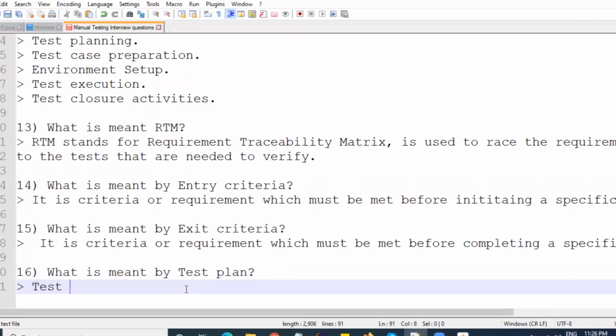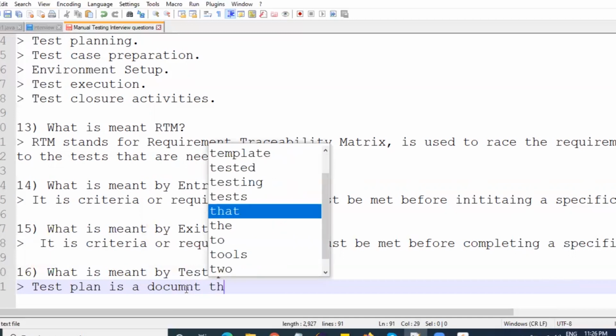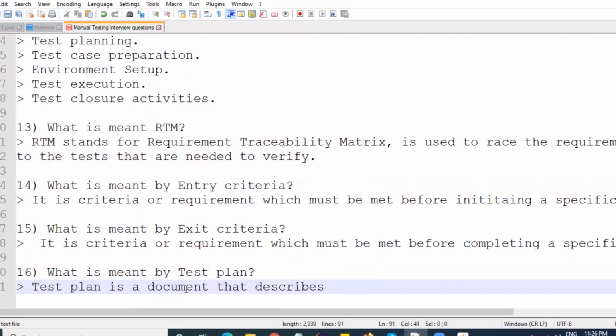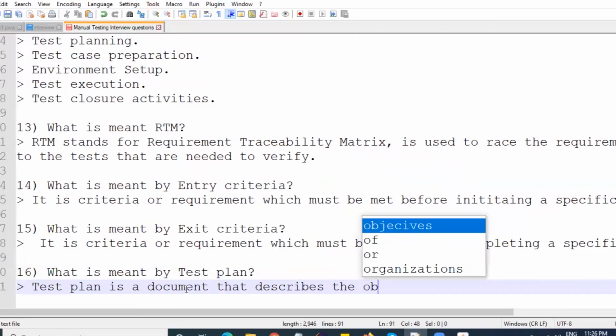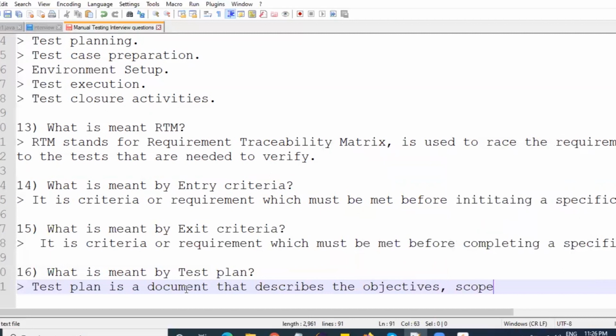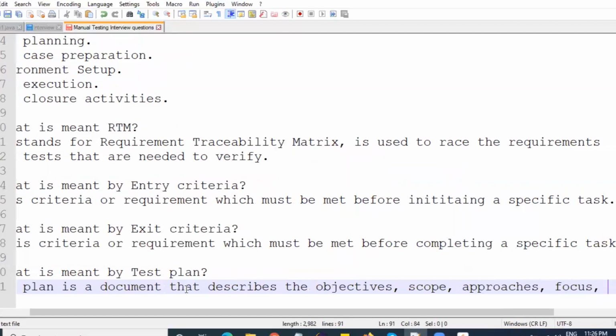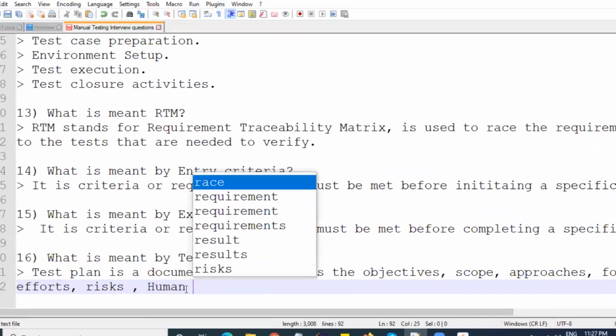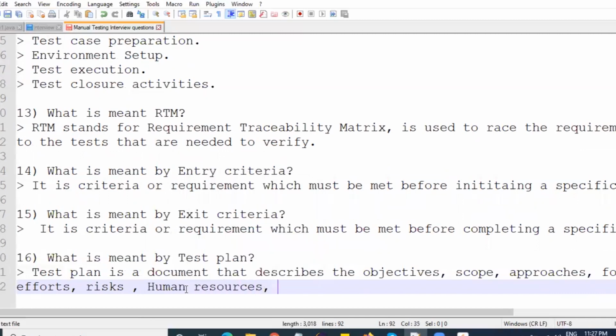So test plan is a document that describes the objectives, the scopes in the project, what I need to consider and what I don't need to consider, approaches, focus and efforts, risks in the project, human resources, timelines, time schedules, and so on.